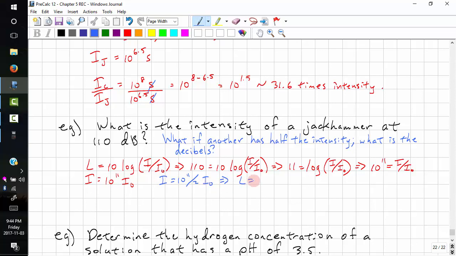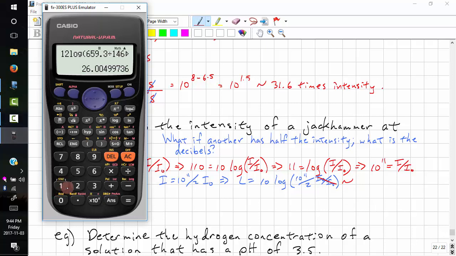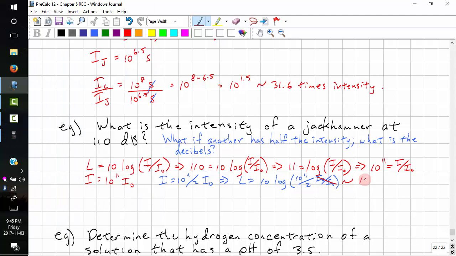Then we say L equals 10 log of 10 to the power of 11 divided by 2, I naught over I naught. These cancel out. And we can plug this in our calculator. 10 log 10 to the power of 11 divided by 2. And that gives us 106.99 decibels.